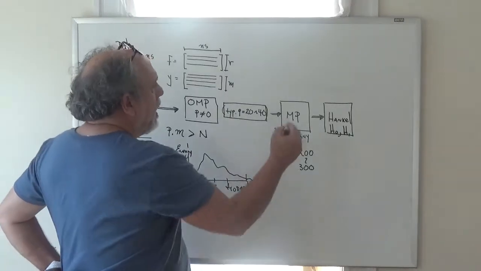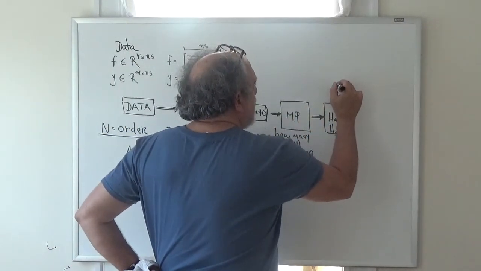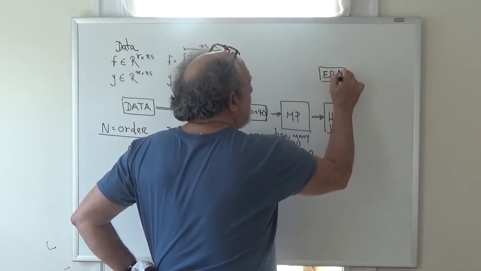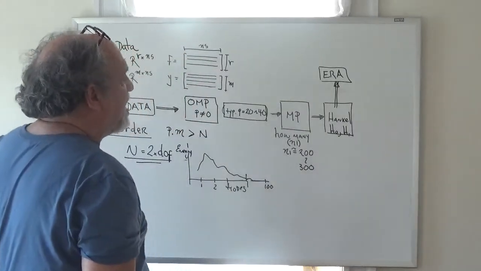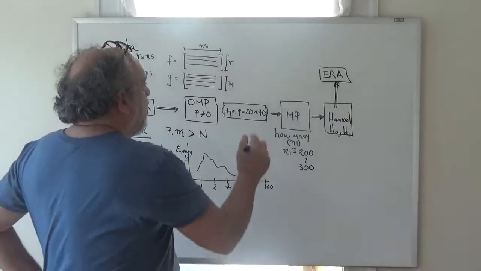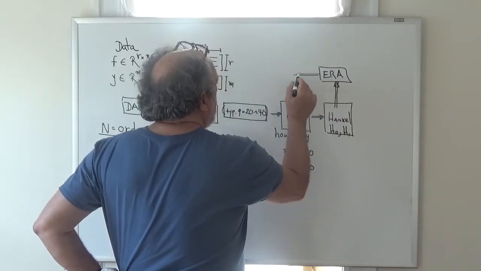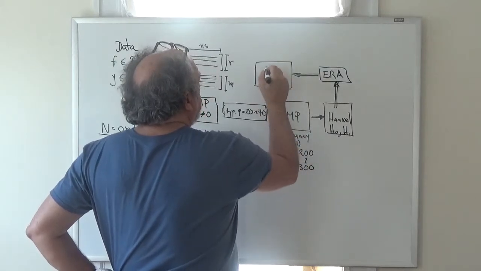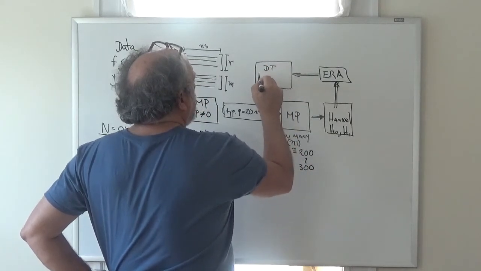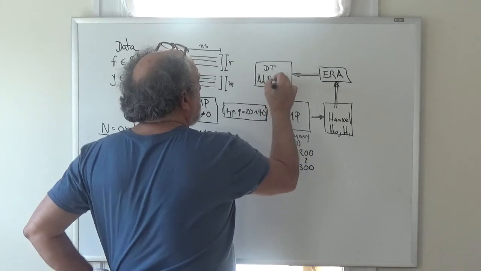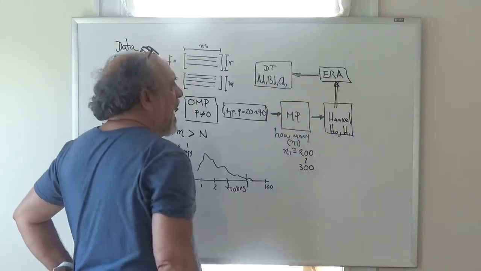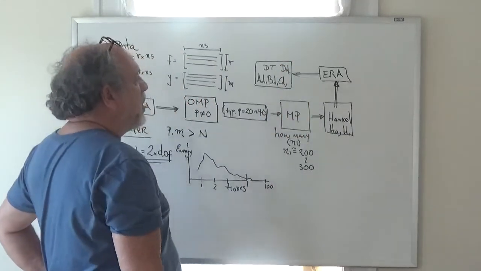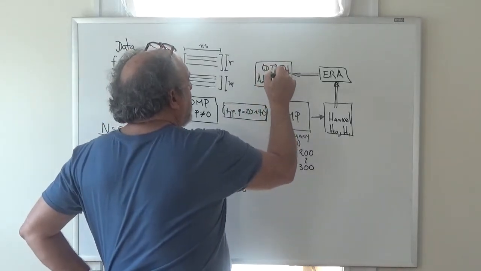From the Hankel matrices, then a procedure named ERA, which we described in class, is the eigensystem realization algorithm. From the eigensystem realization algorithm, then, we obtain the system in discrete time, the discrete time model, which is A discrete, B discrete, C discrete, and there might even be a D, which is often 0, but it could be that we get a D, right?